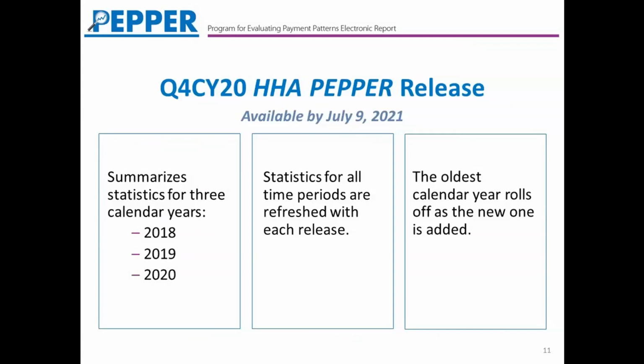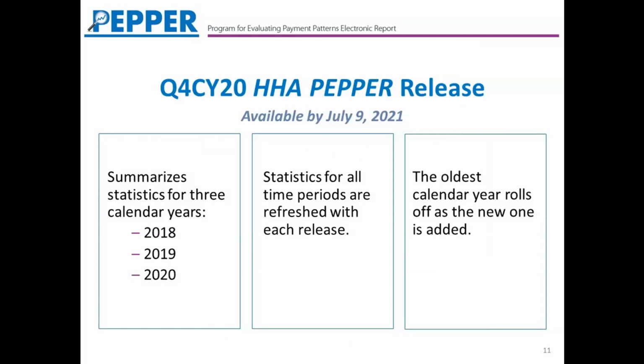Now, those of you who are familiar with PEPPER know that each time we produce a new report, we refresh the statistics for all time periods and all target areas. So it is certainly possible that if you are looking at your new PEPPER and comparing it with the PEPPER that you received last year, you might see some slight changes in numerator or denominator counts, or maybe the national or state or jurisdiction percentile values.